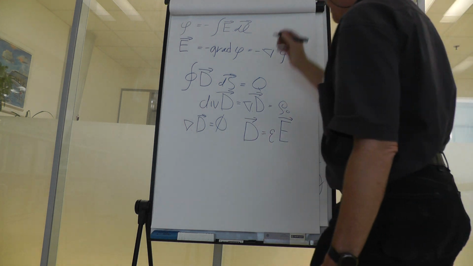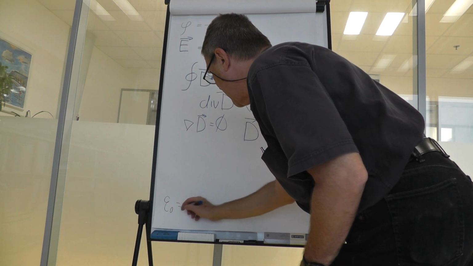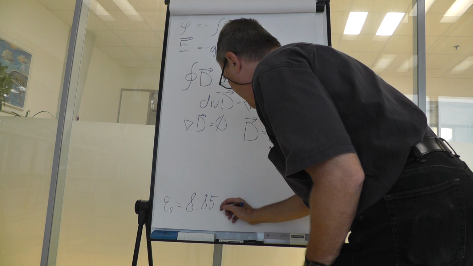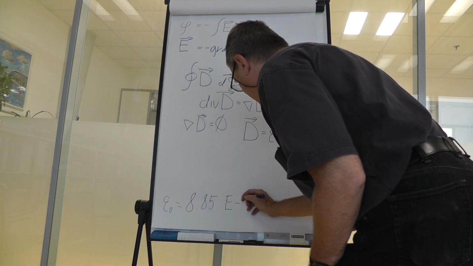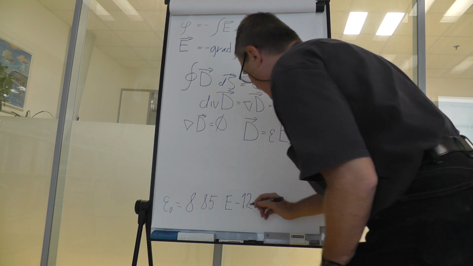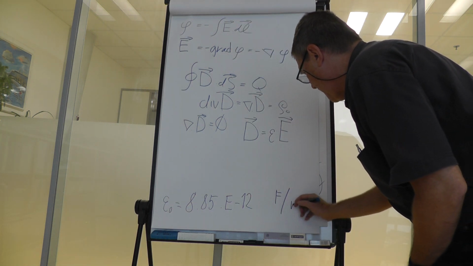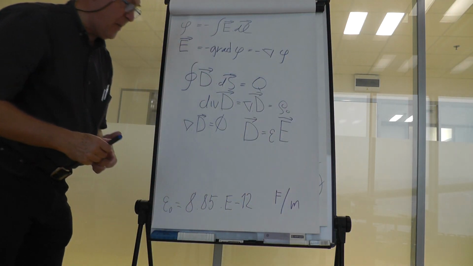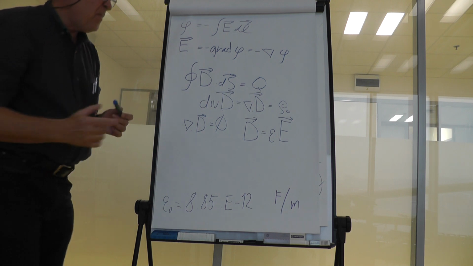I just note that the permittivity of the vacuum is 8.85, I use computer notation. So it's a very small constant. We have already seen it in Coulomb's law.